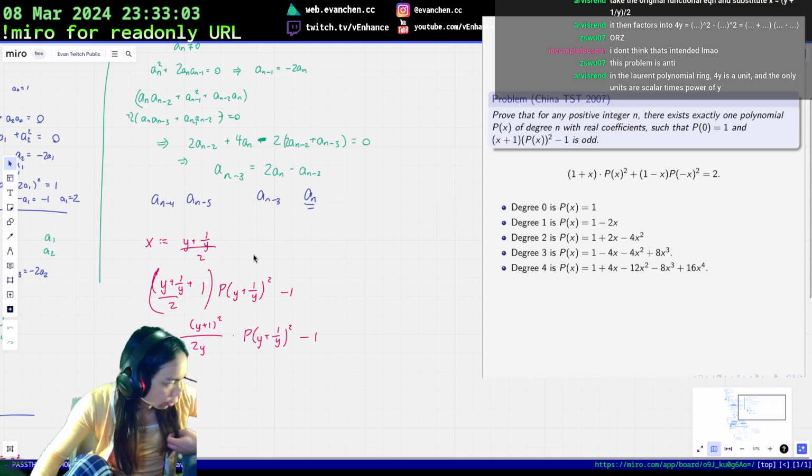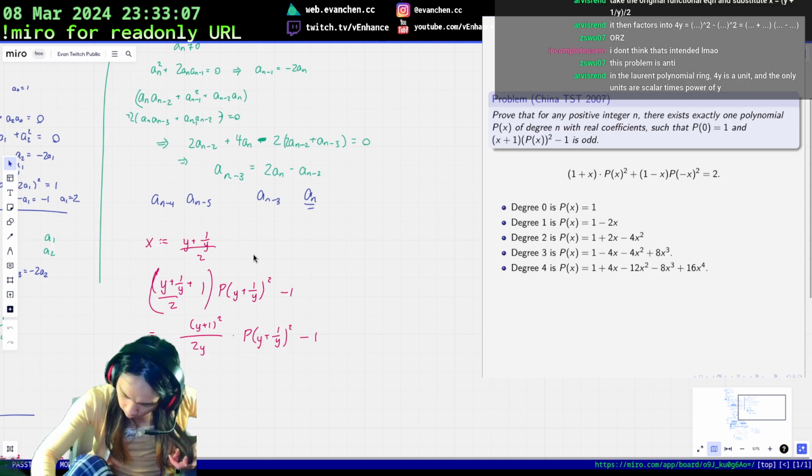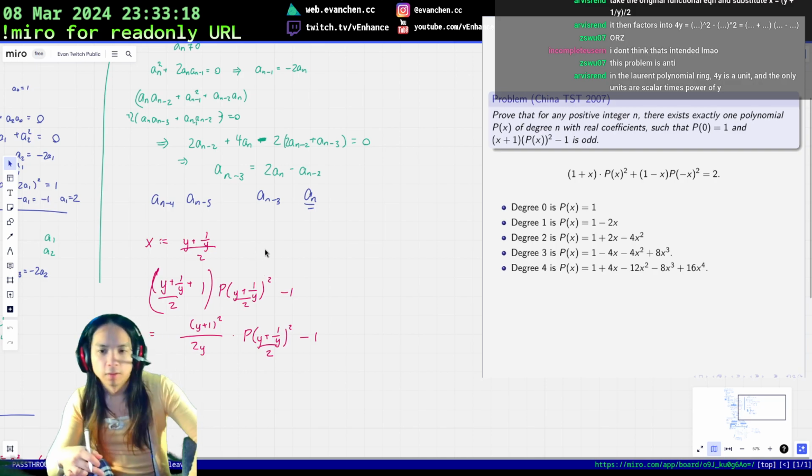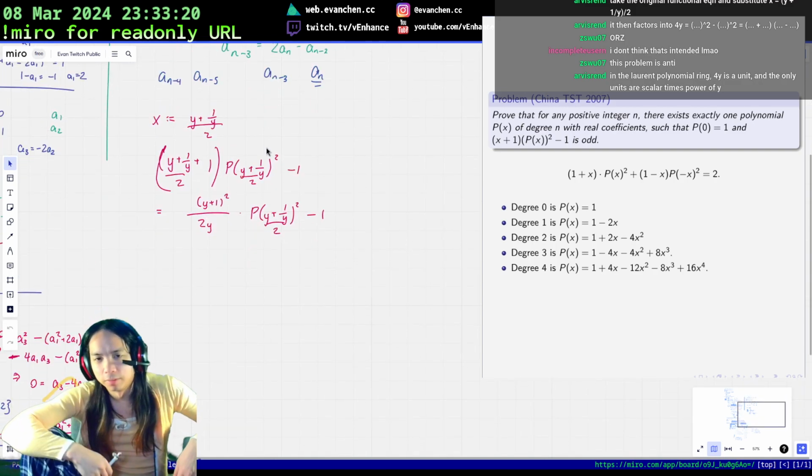In the Laurent polynomial ring 4y is a unit, and alright, where is this going?